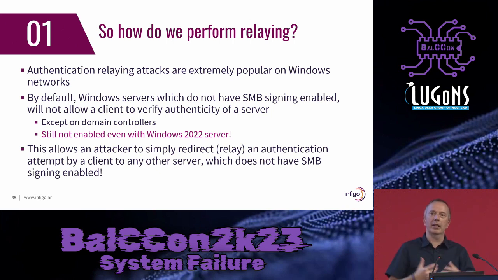I set up a listener, and for any authentication that comes to me, I just relay it to one of those servers from the list to see if there is some juicy information over there. You can relay to almost any server as long as it doesn't support signing. That's the only important thing. I could, in theory, perhaps even relay to your Exchange servers, maybe through Outlook Web Access if some things are not correctly configured.